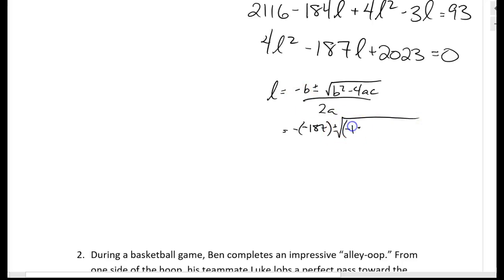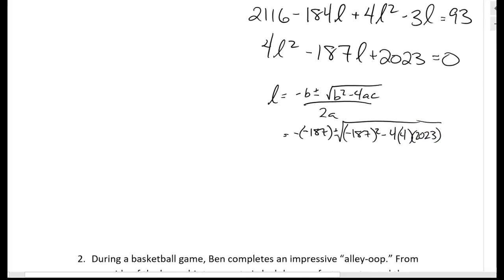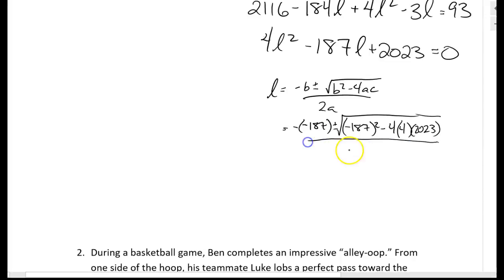Square root of 187 squared minus 4 times 4 times 2023, all divided by 2 times 4. So it's 187 plus or minus. Now I'm going to get what's under that square root here.